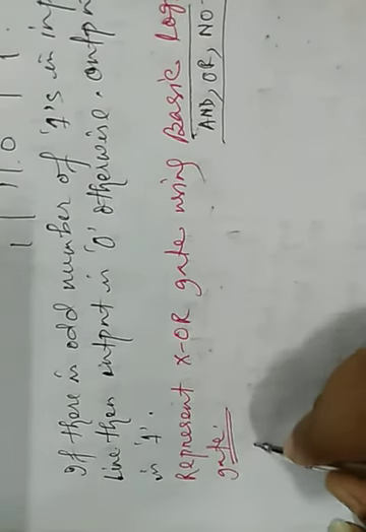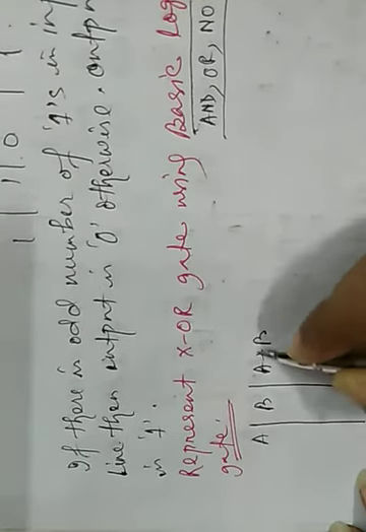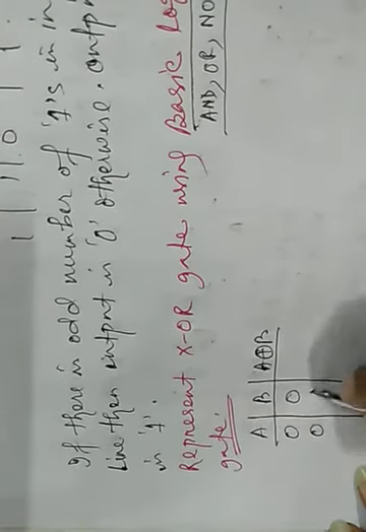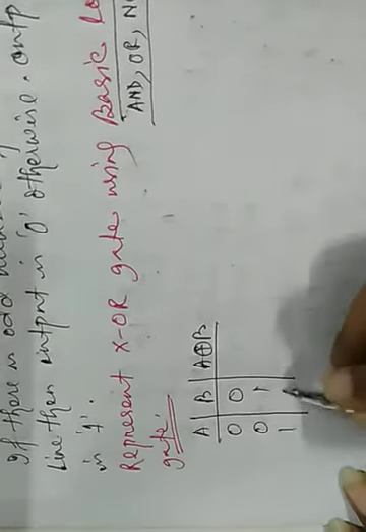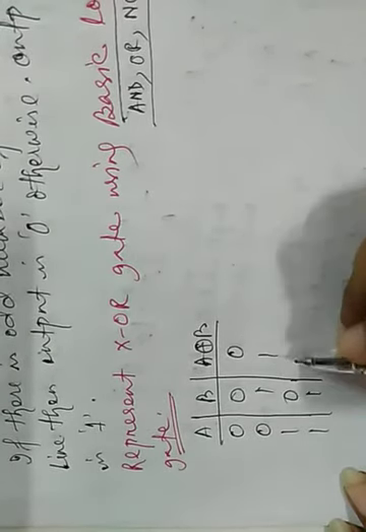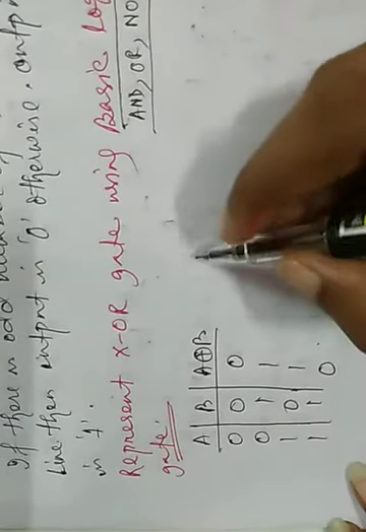So the truth table for XOR gate is A, B, A XOR B: 0 0 0, 0 1 1, 1 0 1, 1 1 0. This is our truth table for XOR gate. Okay.